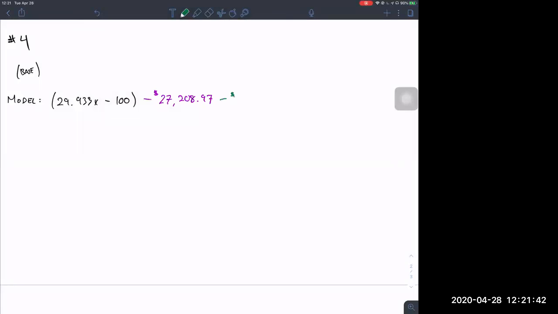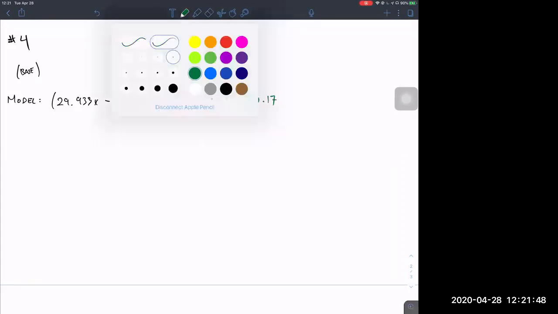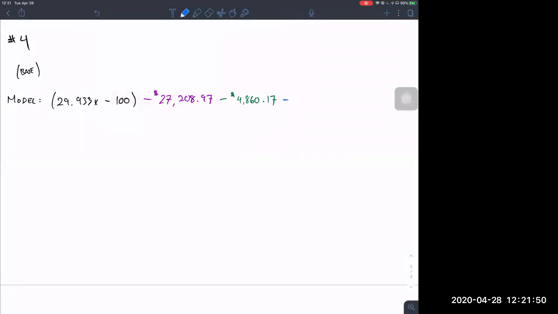Minus 4860, minus 0.12 parentheses, and then the same thing here, 29.993x minus 100. So before we move on, what questions do we have, if any, about arriving at this model?